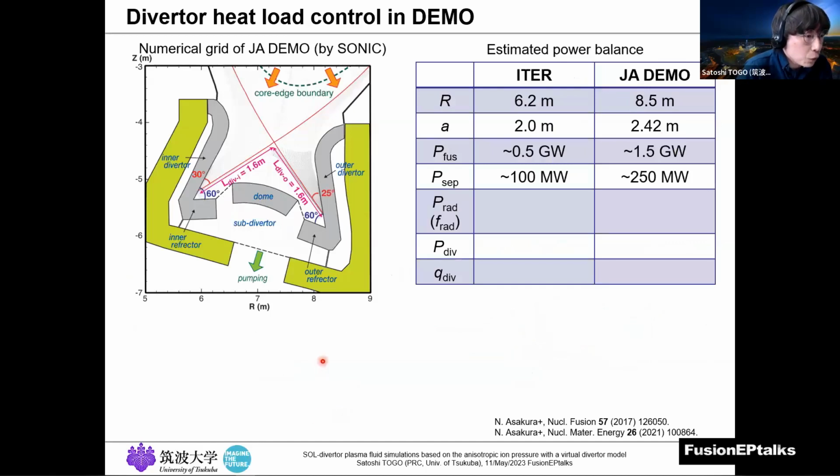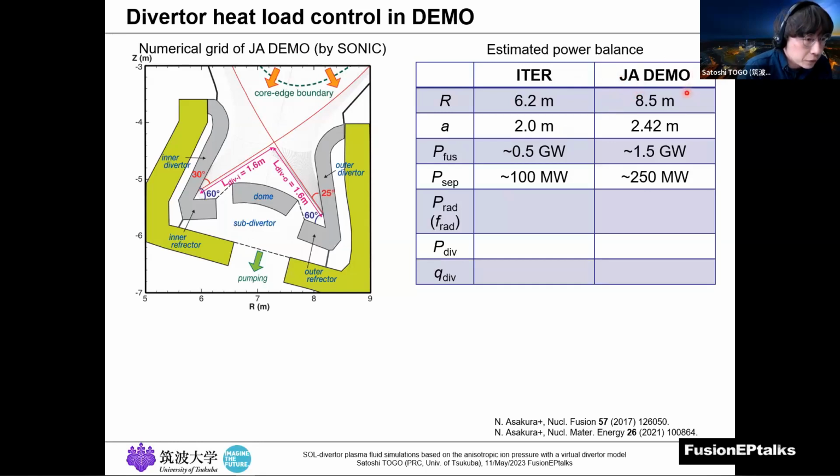Here, I'd like to show how severe it will be to handle the divertor heat load in demo. The divertor heat load is usually evaluated by using 2- or 3-dimensional simulation codes. In the JA demo case, for example, a 2D simulation code, SONIC, is applied to quantitatively evaluate the divertor heat load. This table shows a rough estimation of the power balance in ITER and JA demo.